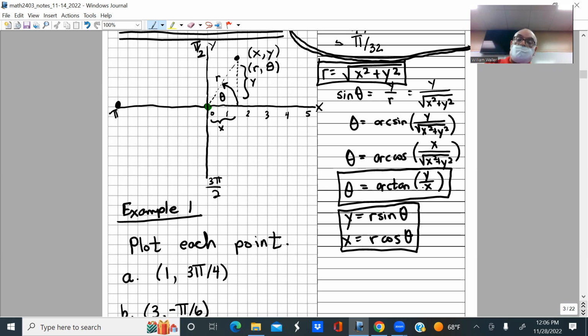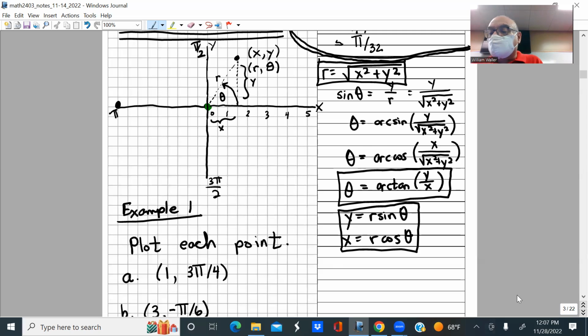But basically, theta is going to be the arctangent of the y coordinate divided by the x coordinate. So these are the conversion formulas for going from rectangular to polar, or vice versa, from polar to rectangular.